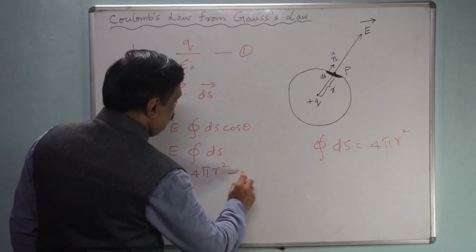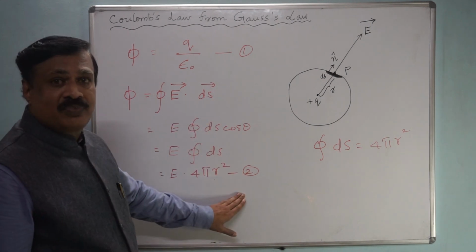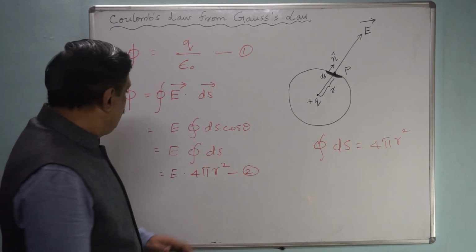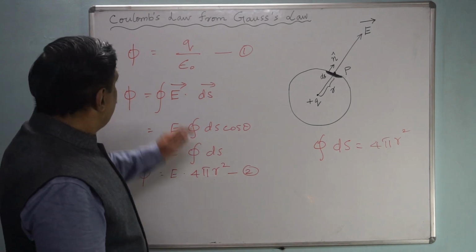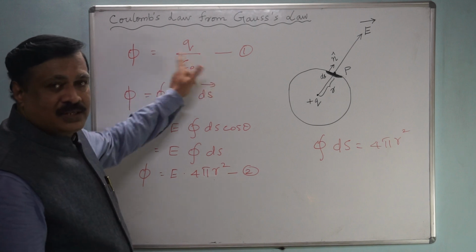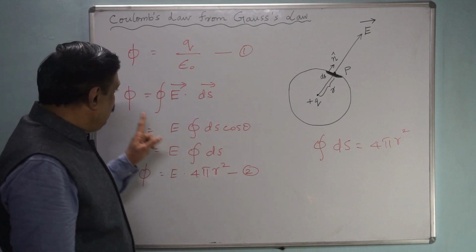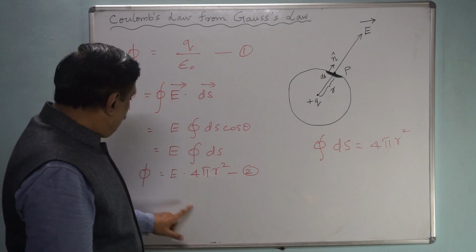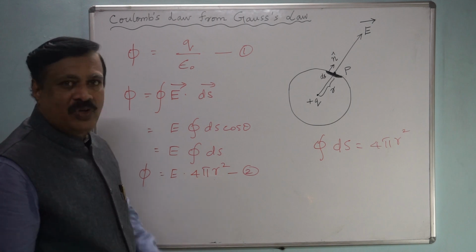You take this as equation 2; numbering is your choice. Now this is flux, and equation 1 is also flux. Equation 1 is Gauss law, and this is the mathematical expression for flux phi. So flux phi equals E into 4 pi r squared.